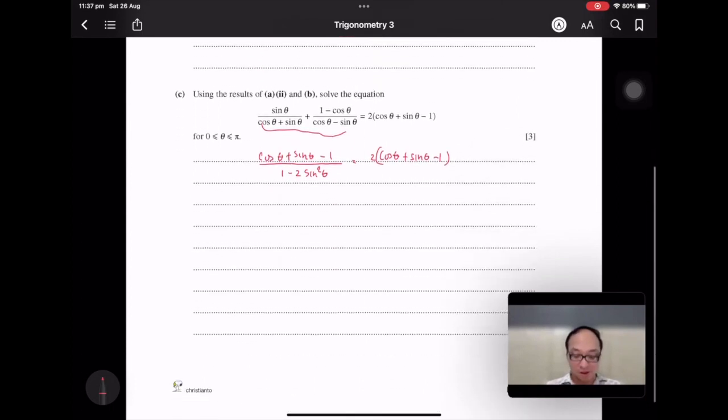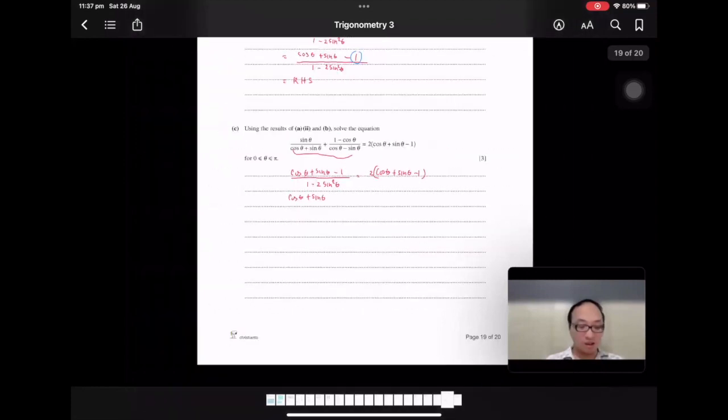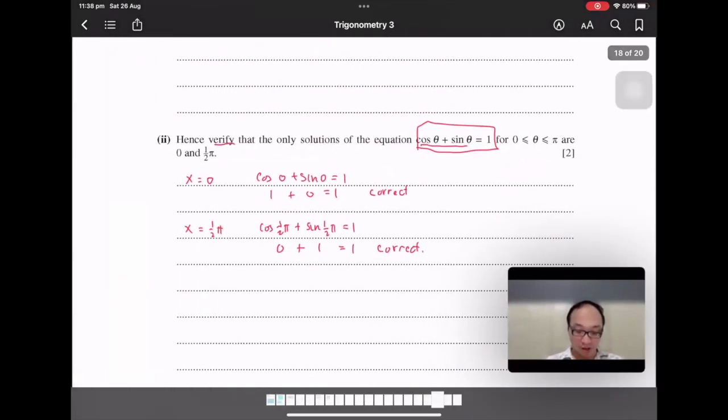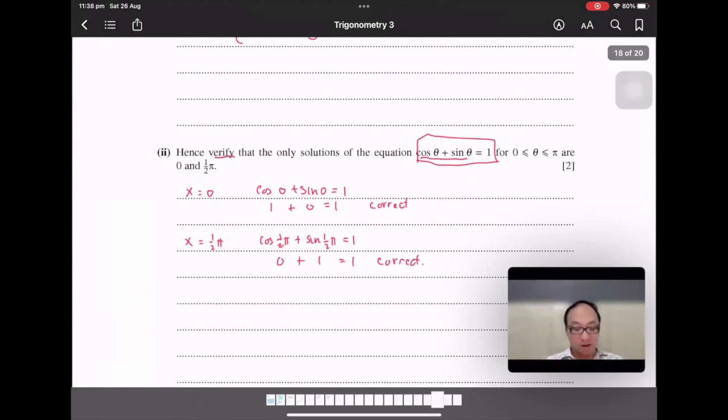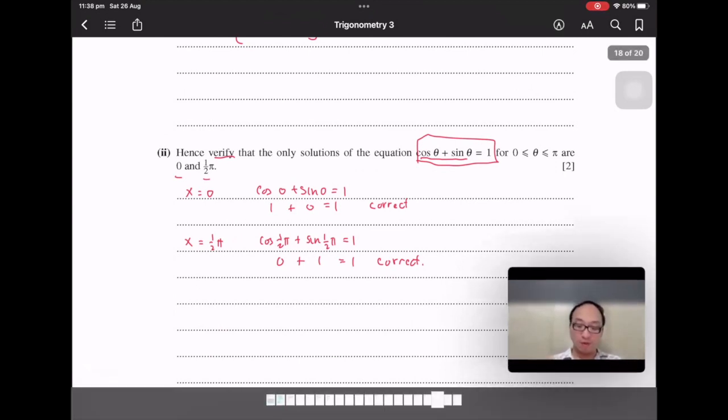So we have to simplify it first here. So I have cos theta plus sin theta. Okay, check the answer A2: cos theta plus sin theta equals 1 has the solution 0 and half pi.